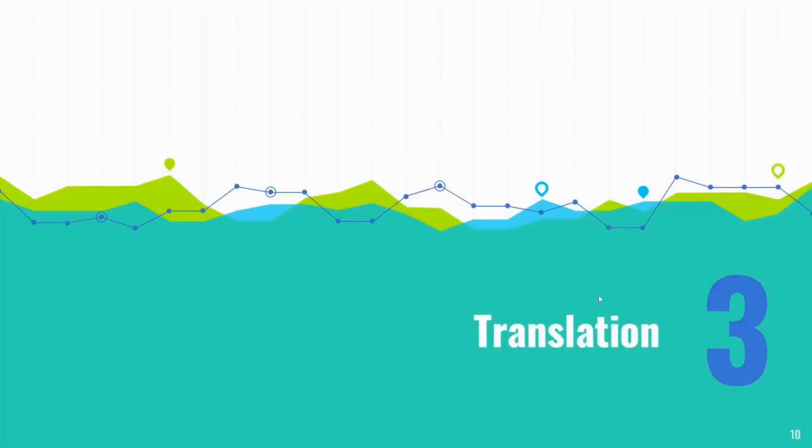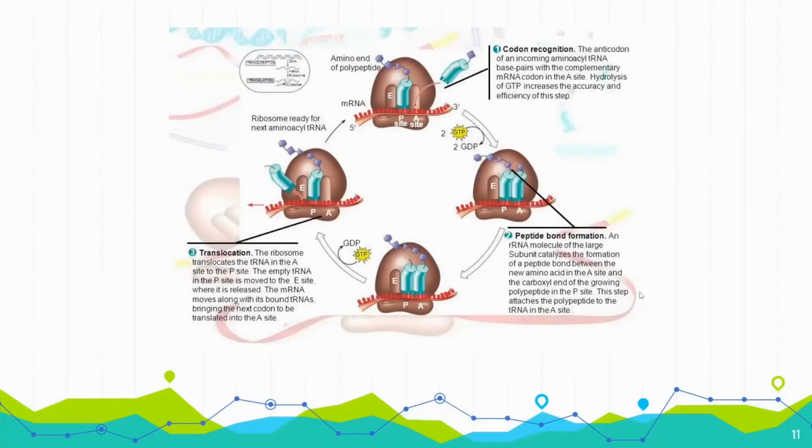The last thing we'll talk about is translation. In translation, after the mRNA is modified, it is exported to the cytosol, where a small and large ribosomal subunit attach to the mRNA, which initiates translation. An initiator tRNA first binds to the P site of the ribosome, and other tRNAs bring corresponding codons into the A site.